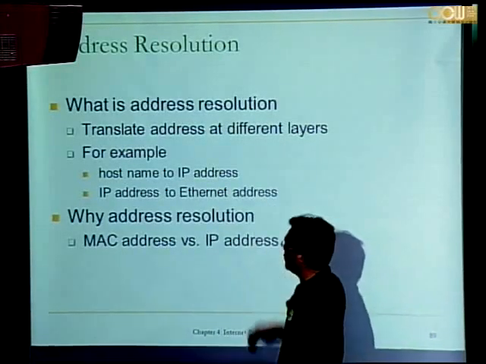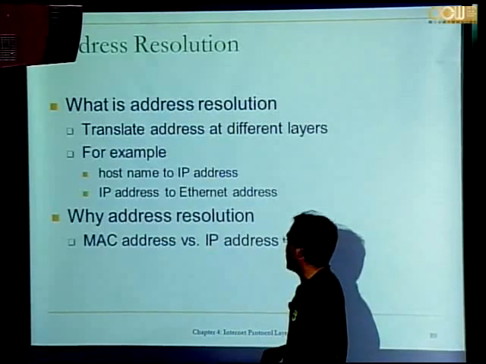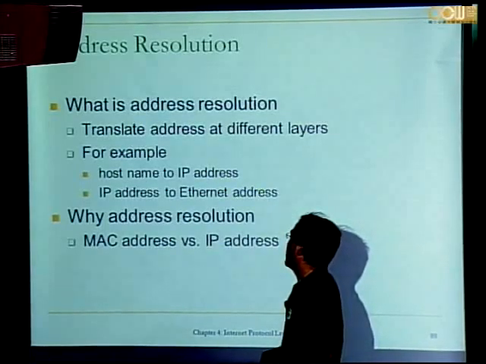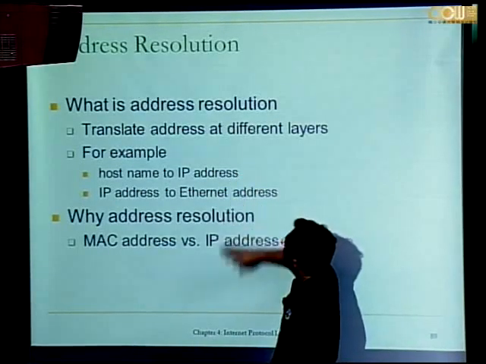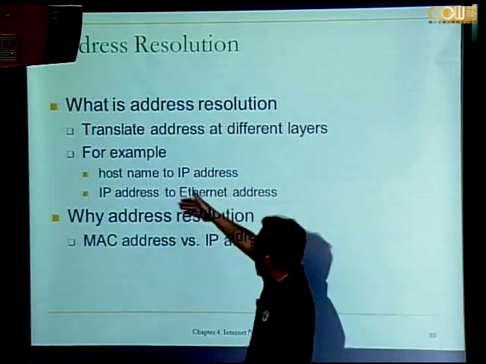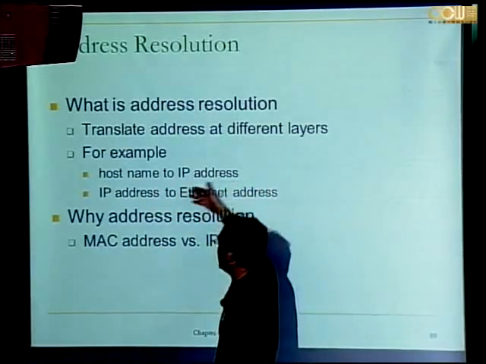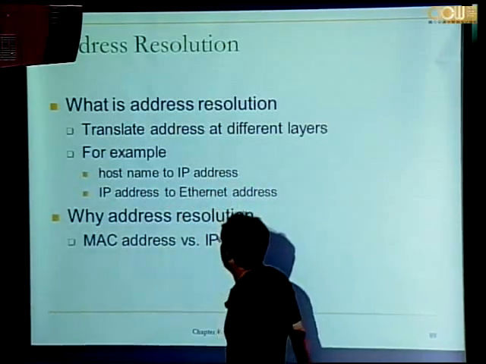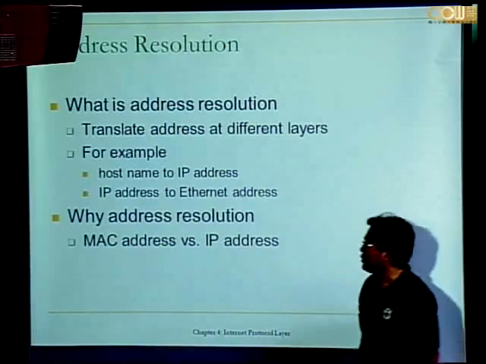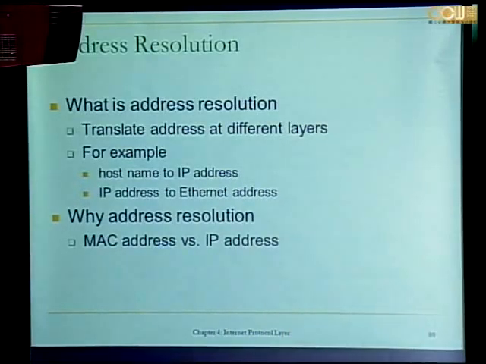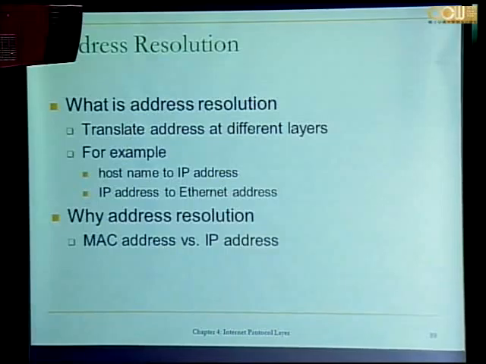So both can be done in the reverse way. But in this chapter we only look at the translation between IP address and MAC address. We'll look at only translating IP address to MAC or MAC to IP.